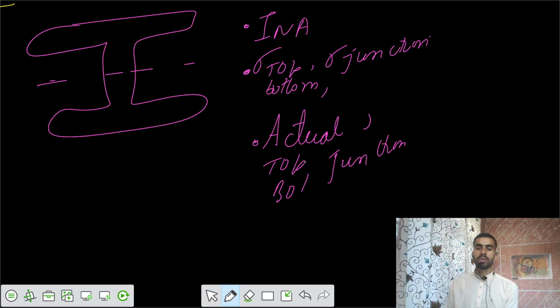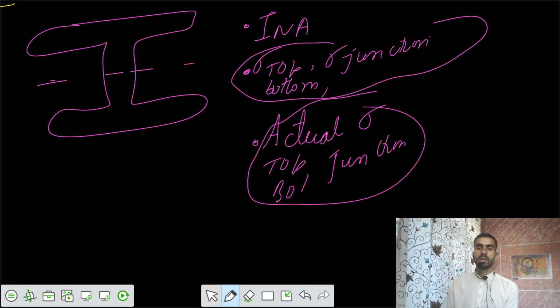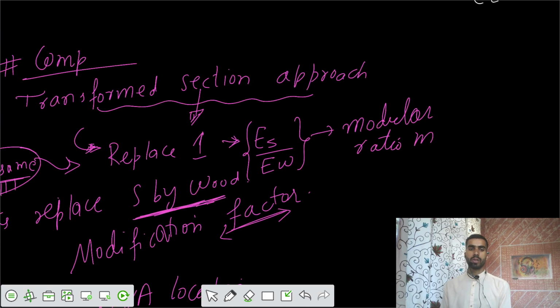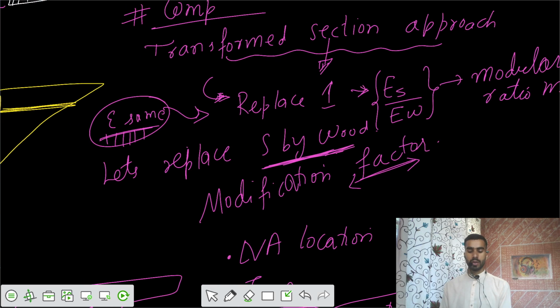These were the stresses in the transformed section. Then we find the stresses in the actual section, using the modification factor here also. So these are the steps in the transformed section approach.